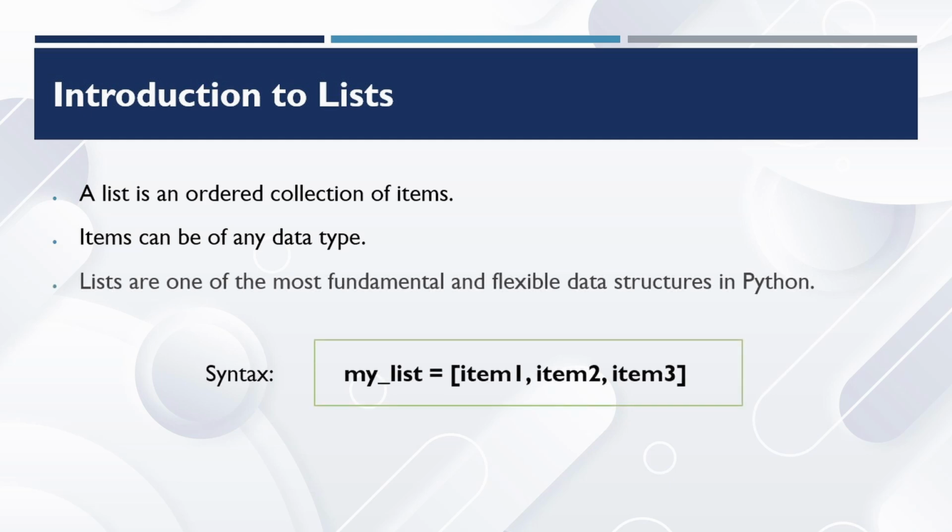Lists are one of the most fundamental and flexible data structures in Python. You will find yourself using them often, whether you are processing data, storing results, or organizing items for further operations.